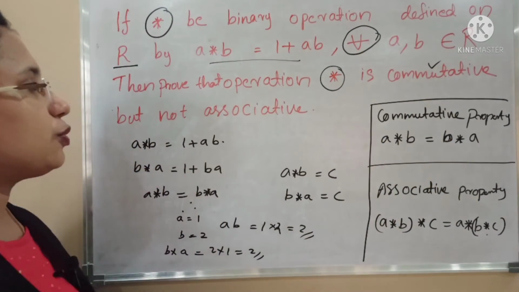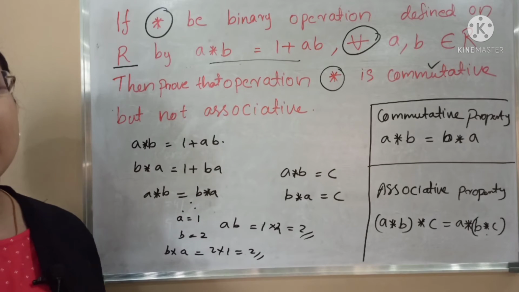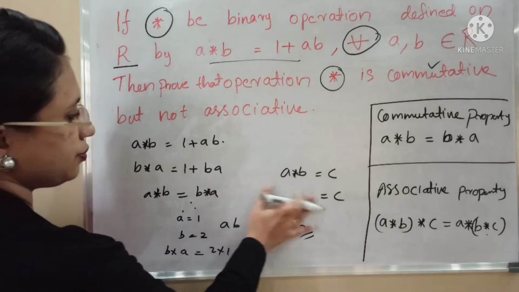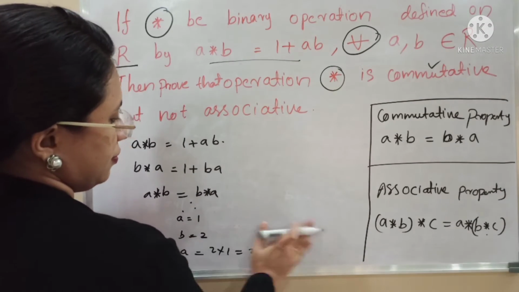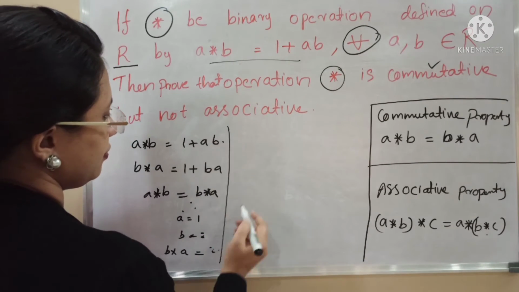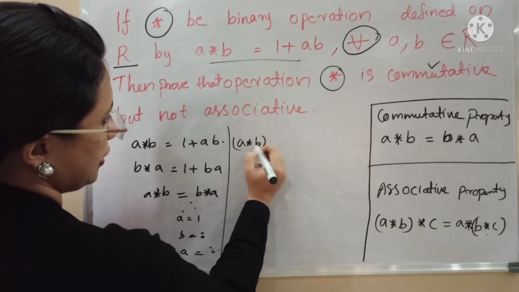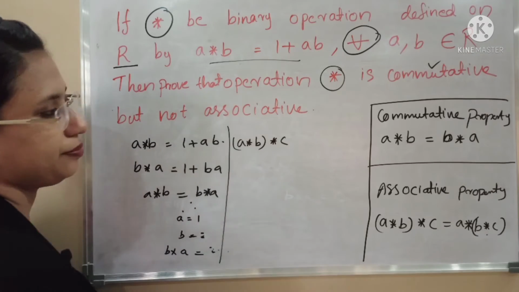Now we have to prove it is not associative. So (a star b) star c.